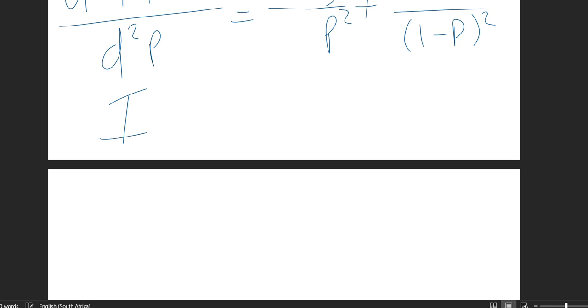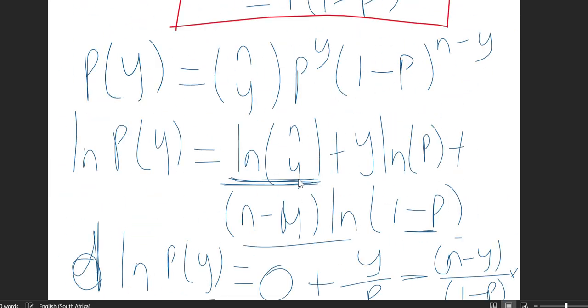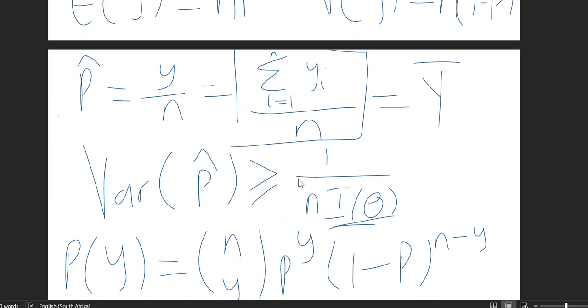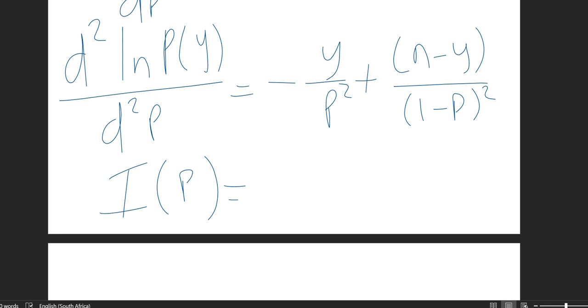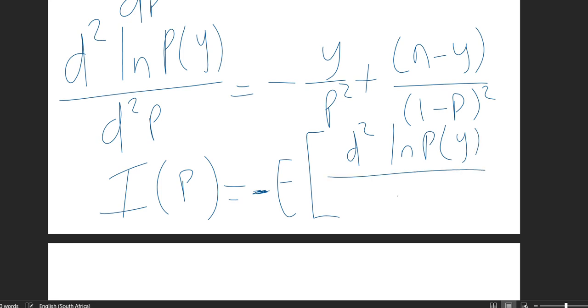Now it's going to be, did I use theta there? It has to be p, not theta. Now to find this, we are going to have negative expected value of the second derivative of our logarithmic function of our PMF with respect to p.